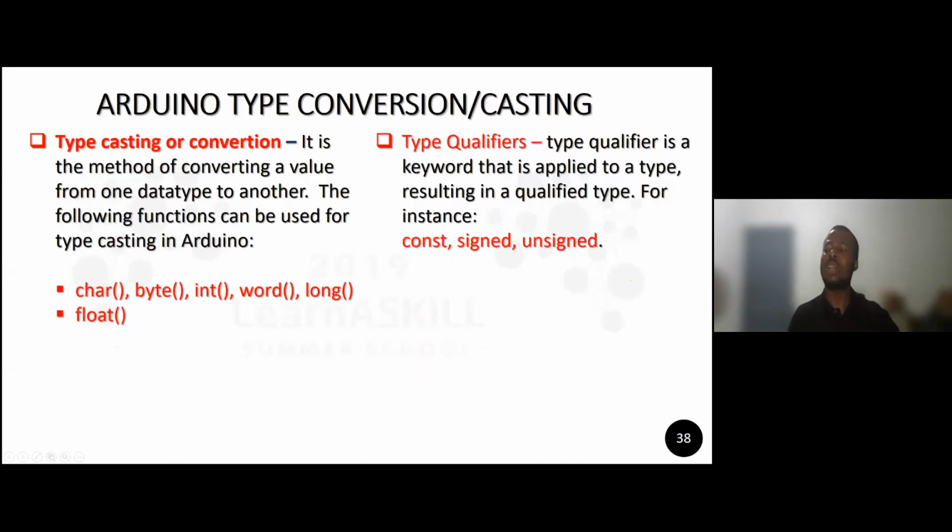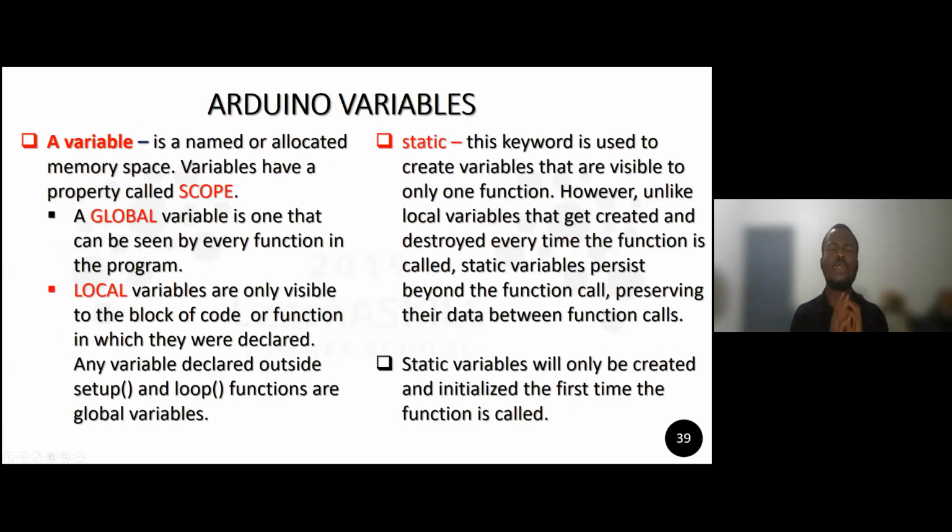Okay. Now, one thing you should know is that you don't want to be creating many variables in global scope. It's a very bad programming habit. One, because on Arduino, yesterday we saw that when you are programming an Arduino Uno, for instance, you only have 2 kilobytes of memory, right? Anytime you create a global variable, it will stay so far as the Arduino is running.